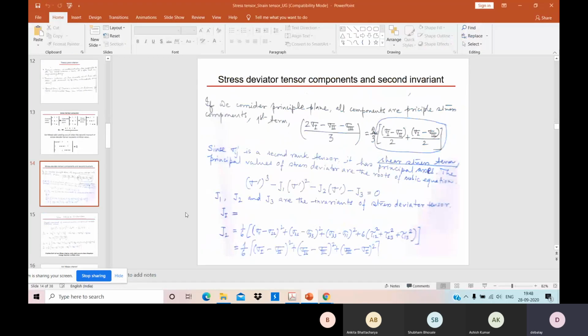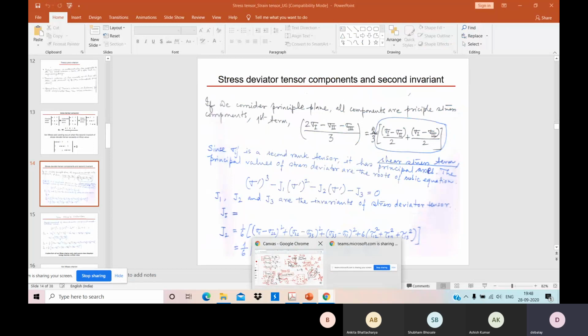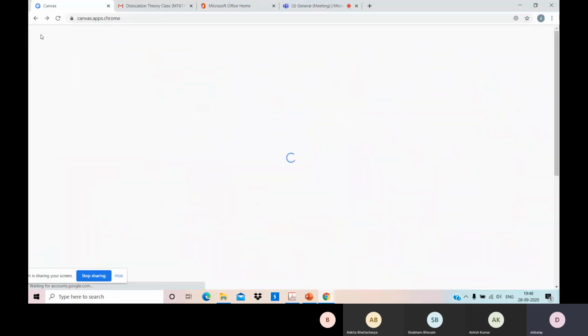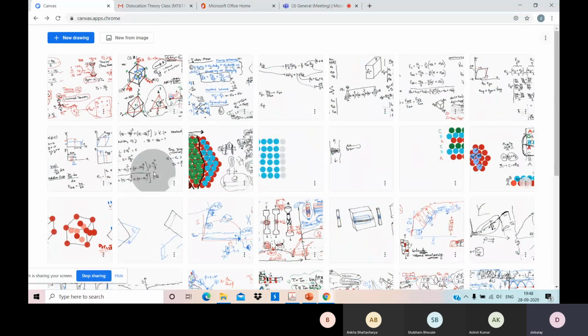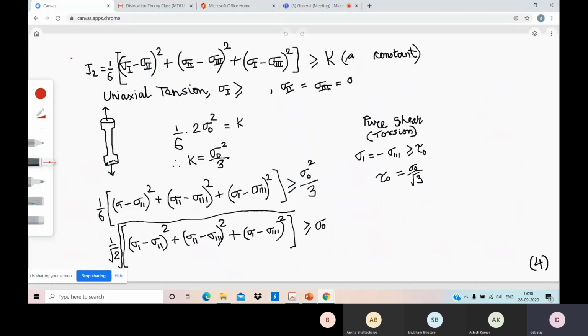I'm again going back to the canvas screen for the last time. I have to come to my next derivation, which is this. Von Mises said when this expression, the second invariant of the stress deviator component, exceeds a critical value, which is a constant, and this expression is a generalized expression applicable to any type of loading, whether you apply tension, torsion, bending, shear, whatever, all will come under this general expression.